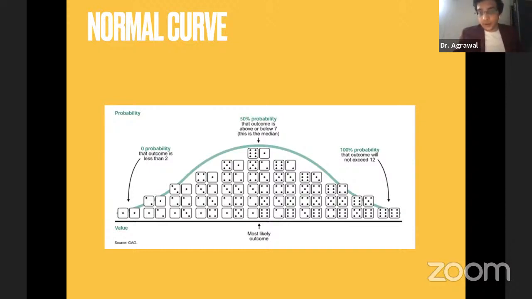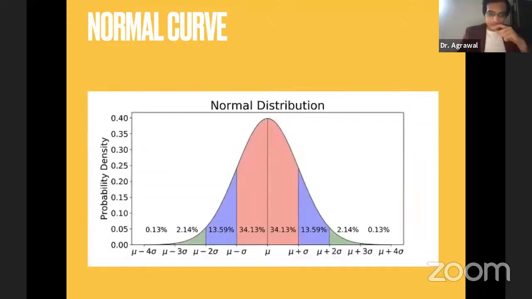You can get a 6, 1, 5, 2, 4, 3, etc. But the chance of you getting a 12 would be exceedingly low, right? So that is at the rightmost, and the chance of you getting a 2 would be the same as you getting a 12, right? On these 2 dice, because there's only one possibility each where you get these numbers. So this is basically the probability of you getting the results, and that's called the normal curve.